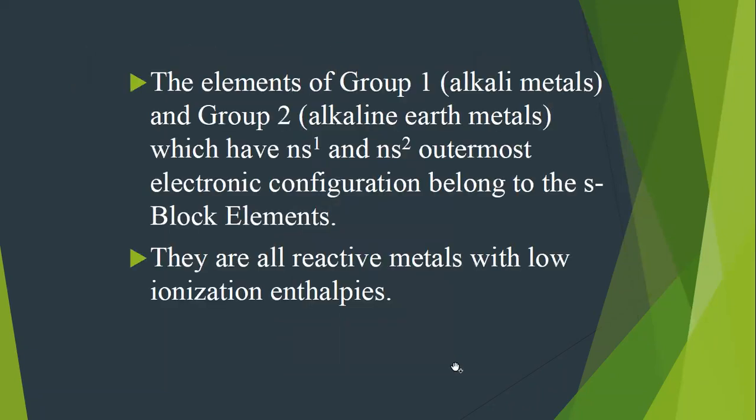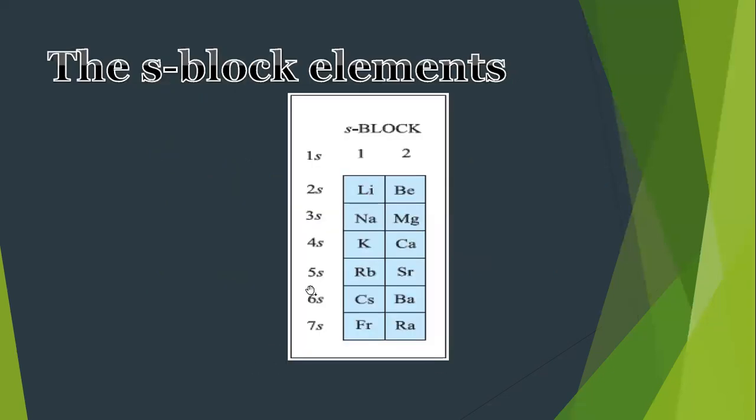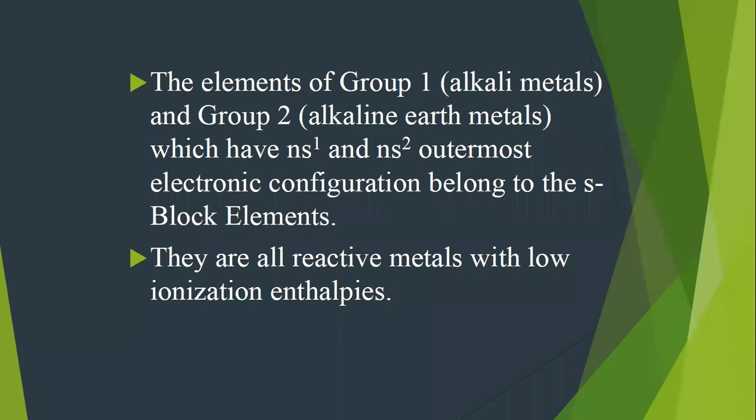The elements of group 1 are known as alkali metals, and group 2 are known as alkaline earth metals. If someone asks which of these two groups is which, alkali metals are the lithium family, group 1, and group 2 are the alkaline earth metals.